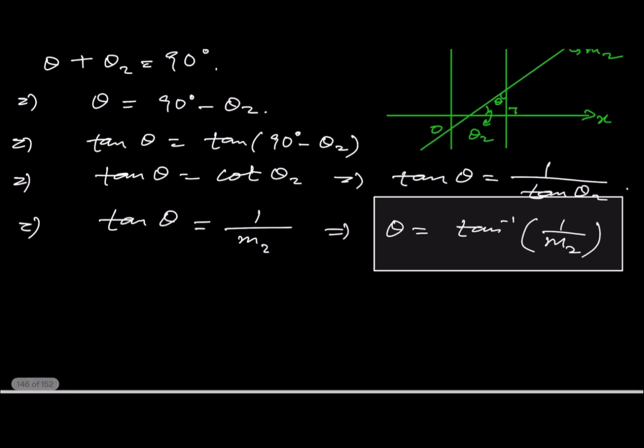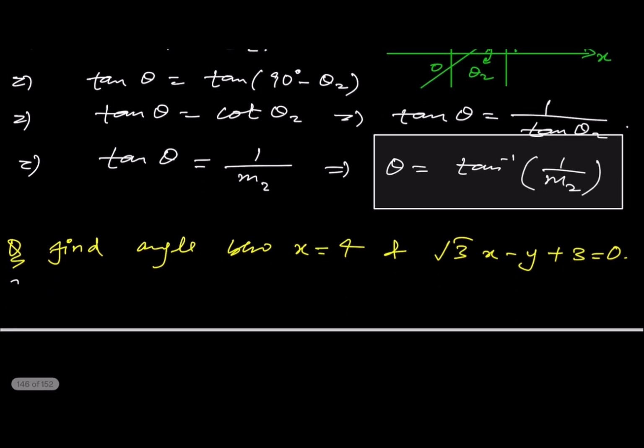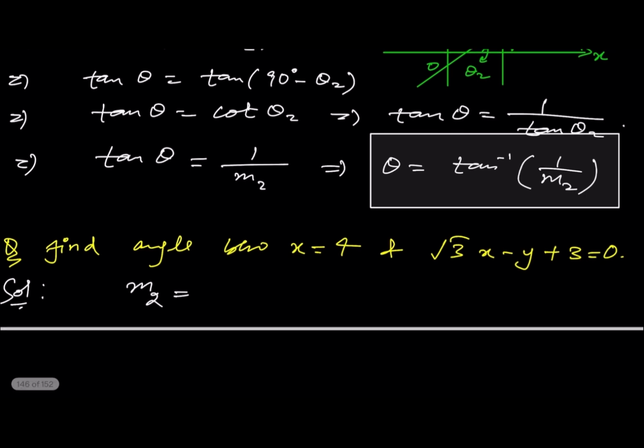For example, find the angle between x is equal to 4 and root 3 x minus y plus 3 is equal to 0. First of all, find the slope for the inclined line. So m2 is equal to minus root 3 upon minus 1.